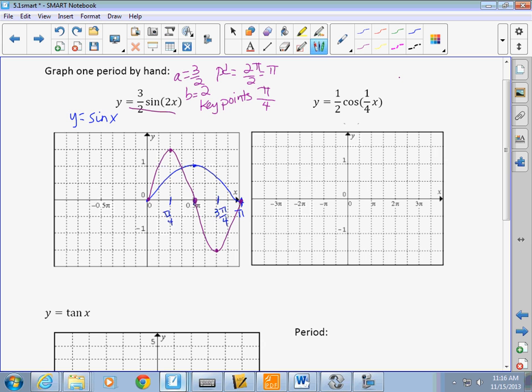Which part? So the A just means that instead of being 1, I have to take A and multiply by 1. So 1 times A would be 1 times 3 over 2, which is the same as 1.5. 3 divided by 2 is 1.5.